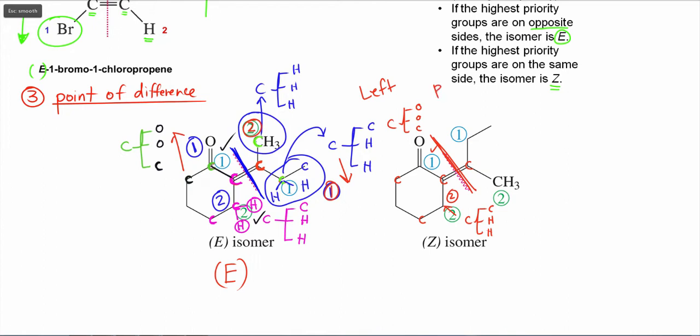Now I need to prioritize the right side. What's attached to this carbon is a carbon, and what's attached to this carbon is a carbon.